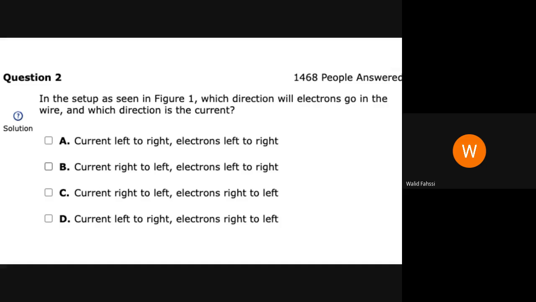Yes. So basically, I know that current and electrons go in different directions. So if I find one direction, I just have to reverse the other one. By looking at figure one, I could see that the magnesium loses electrons and it travels along into the other container, and that's left to right, and then the current is just the opposite of that.